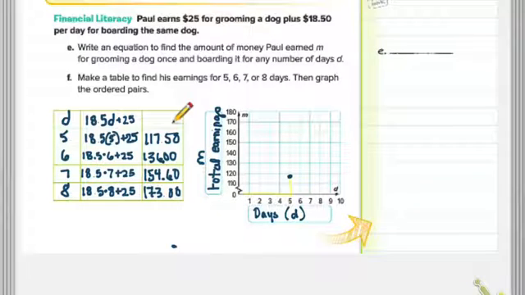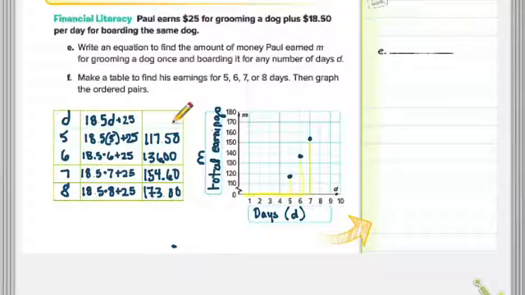Then for our next ordered pair, it's going to be 6 and 136. So I'm going across to 6 and up to where 136 would be, and again putting that dot. Then I'm looking at going across to 7 and up to 154.50 and putting a dot, and you should see them lining up, linear equation.